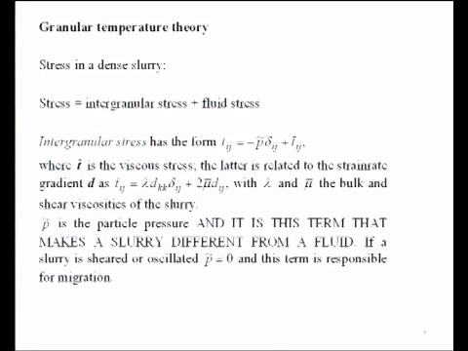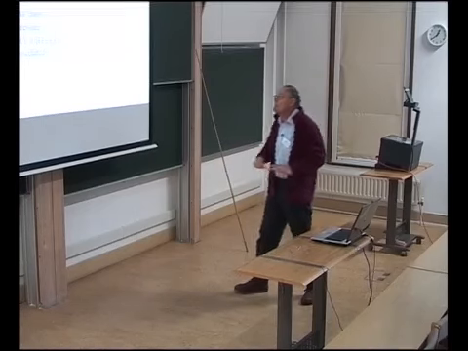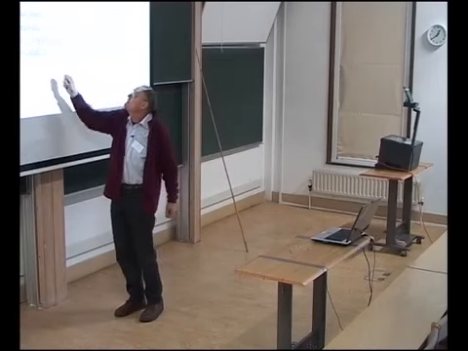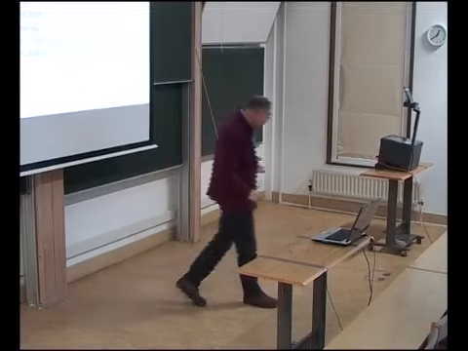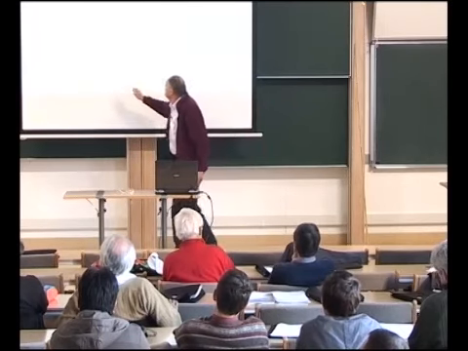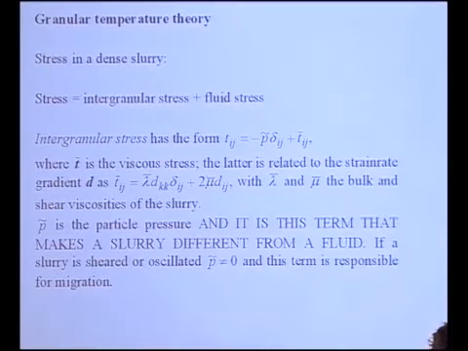What we do is the stress is decomposed into an intergranular stress and a fluid stress. The intergranular stress itself is a viscous stress, if there were a mean field, the viscous stress, and a particle pressure. And the viscous stress, let me just take, for modeling purposes, a very simple isotropic model, just with two Lamé coefficients.